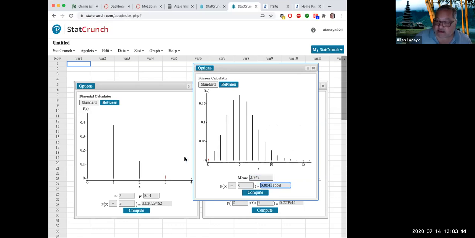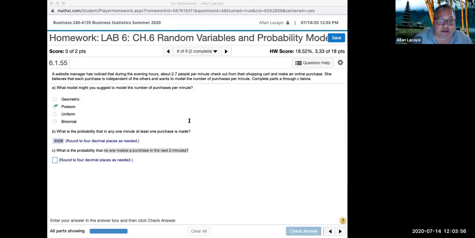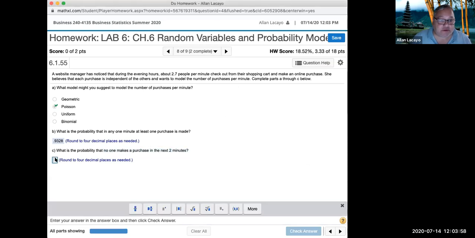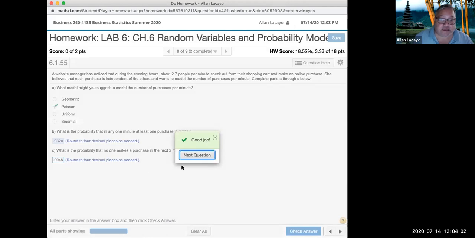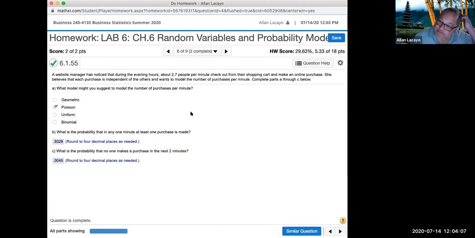And so in this case, there's a very small chance of not seeing one sale in 2 minutes. It's less than 1%. It's 0.0045. So I'm going to go to the lab and put here 0.0045. And good job, I'm done with that question.